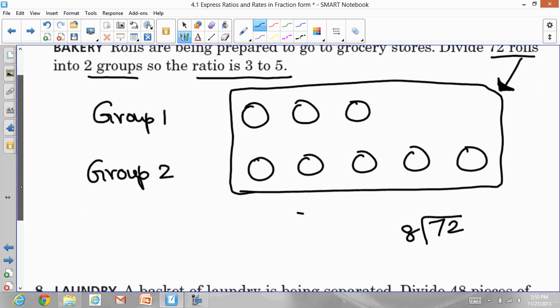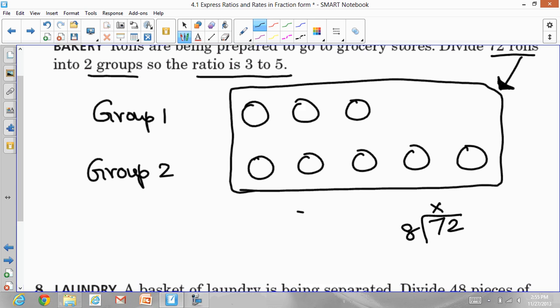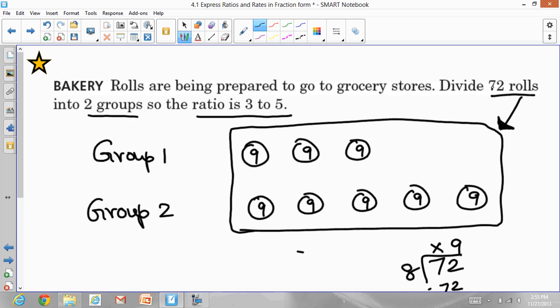So let's see. 9 times 8 is 72. So that means 9 in each circle. The question is asking you to divide the 72 rolls into two groups. Group number 1 has 9 times 3, which is 27 rolls.